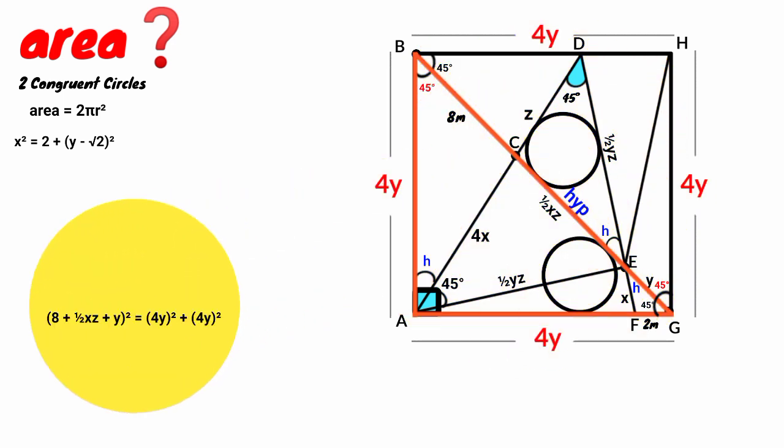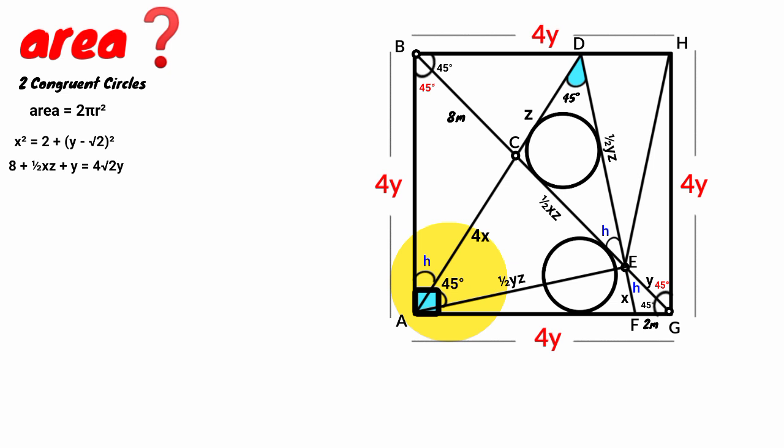Therefore, 8 plus 1 over 2xc plus y all squared equals 4y all squared plus 4y all squared. These can be written as 2 times 4y all squared. We take the square root of both sides of the equation. Here, square cancels square root. So 8 plus 1 over 2xc plus y equals 4 root 2y. Keep this equation aside.